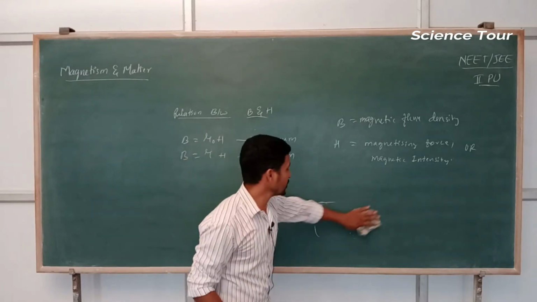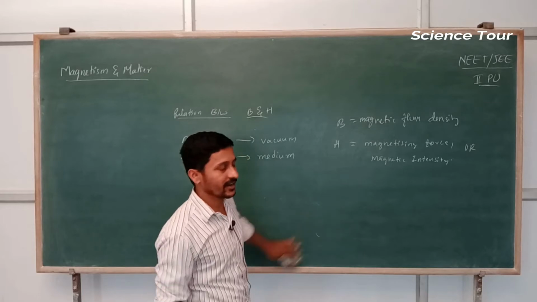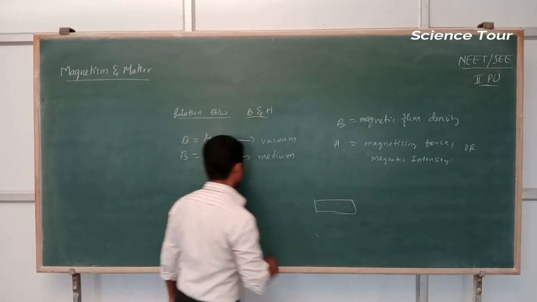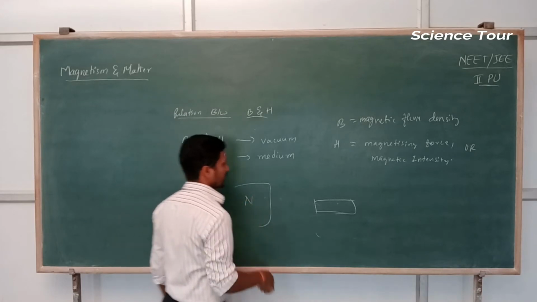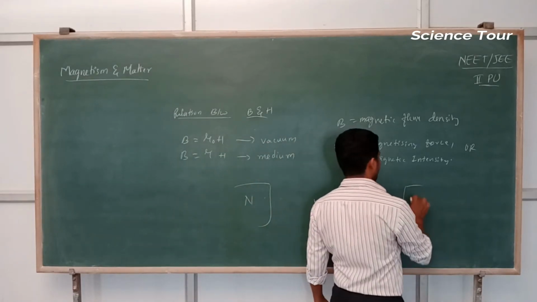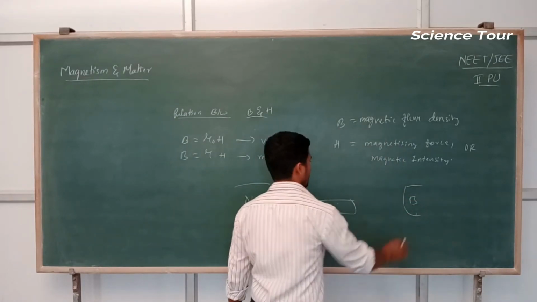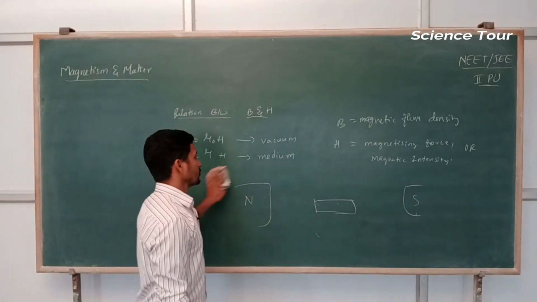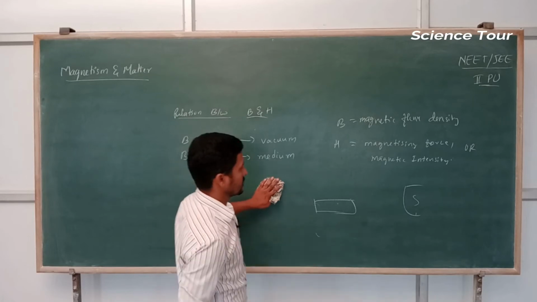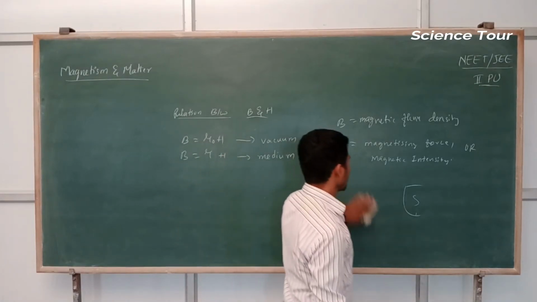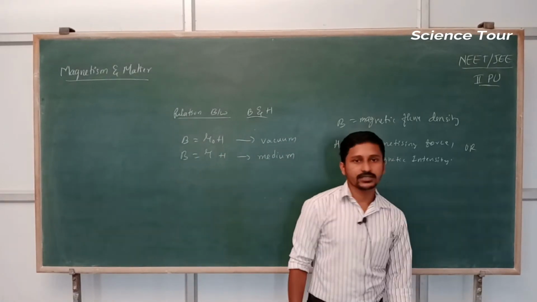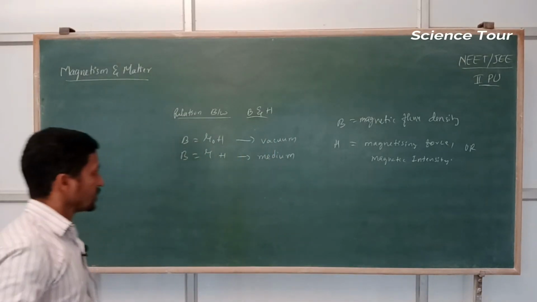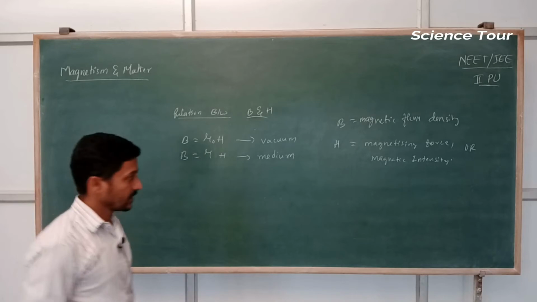Now we are not connecting any current. One metal piece is there, and we bring a powerful magnet near it, so a magnetic field is applied. Again a magnetizing force and a magnetic moment or intensity develop inside, which we can write down.